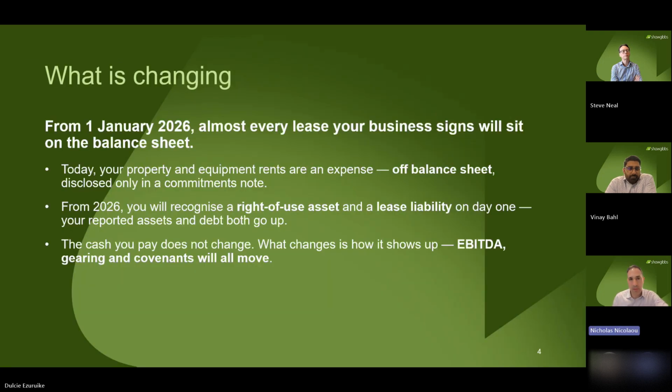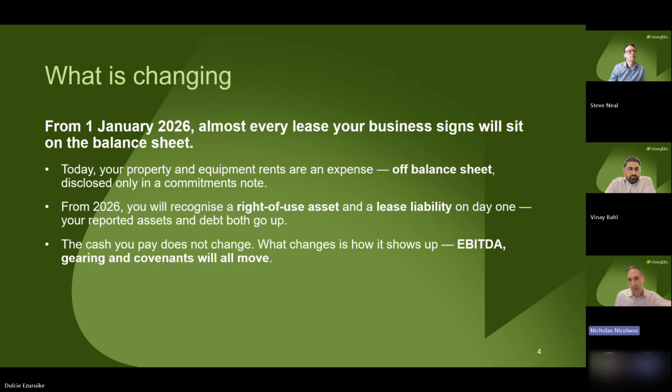So as Steve's already mentioned, this comes in from any accounting period starting from the 1st of January. So basically what it means is today under the former standard, you would recognise things like property leases, car leases through your P&L as you incur them, as you're charged by your landlord or your lease provider.